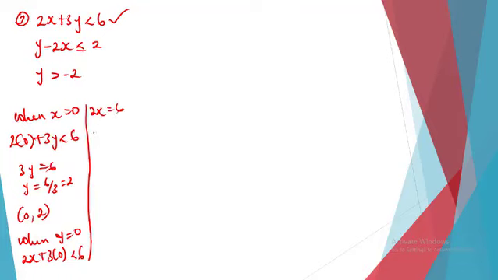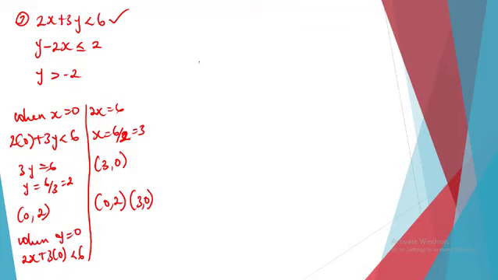Then x is equal to 6 over 2, which is 3. So we have x equal to 3 and y 0. These are the two coordinates for this. Then for the first one, we have (0, 2) and (3, 0).